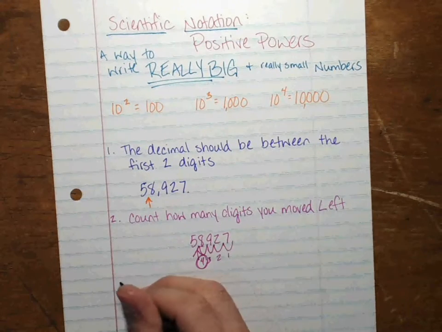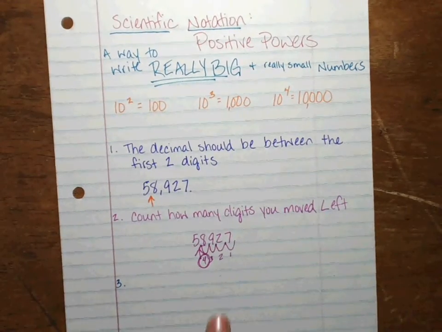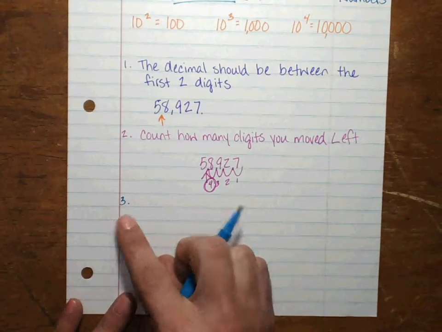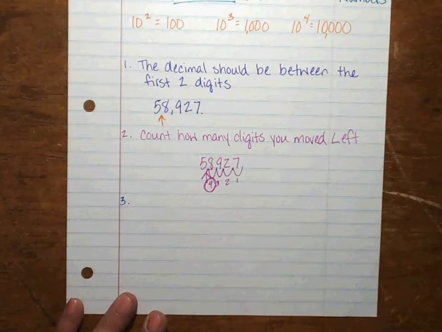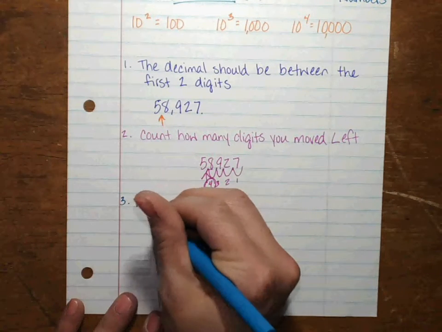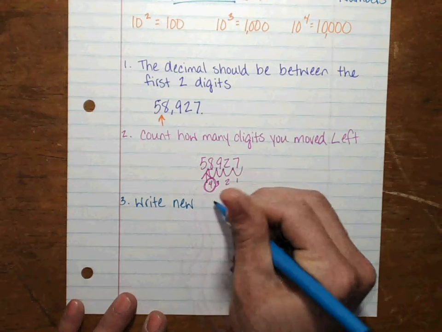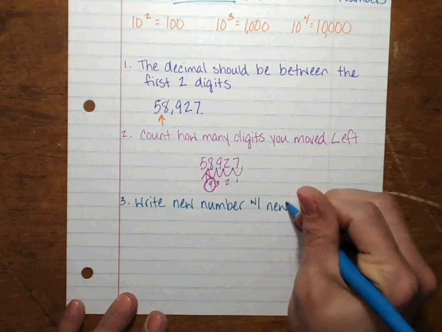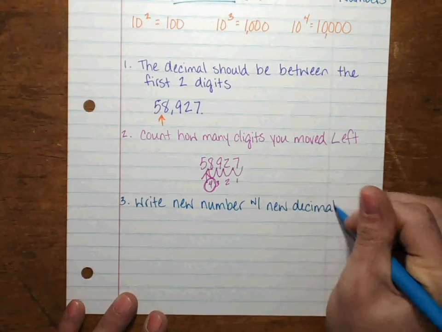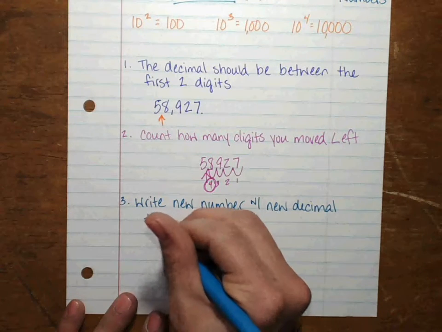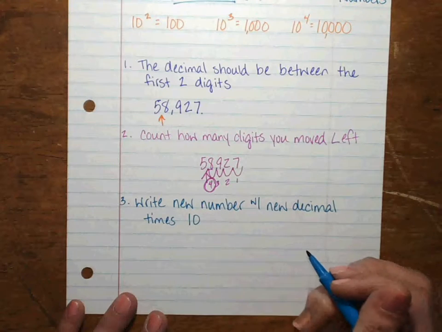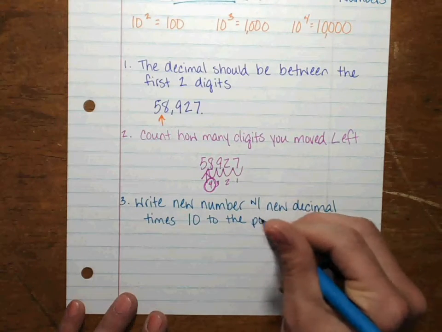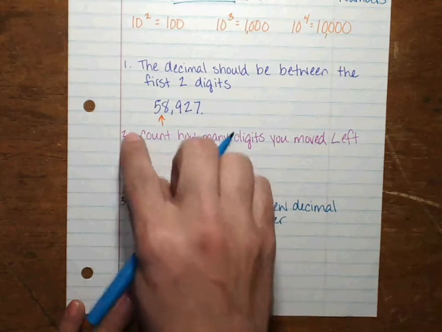So step 3: write your new number with the new decimal place, times 10 to the power of step 2.